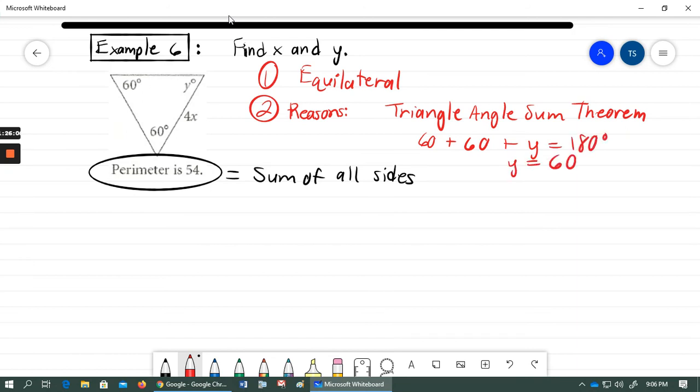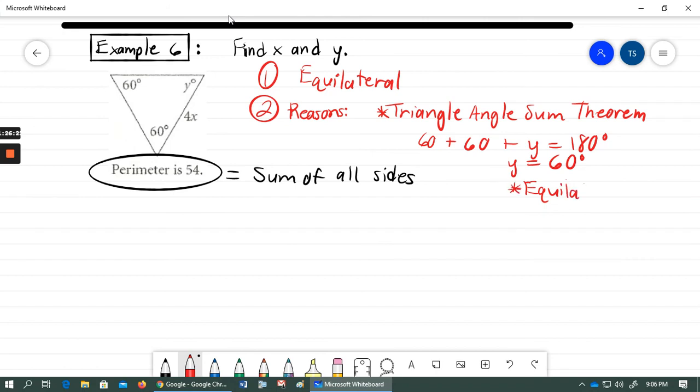Right, so that means the y is 60. If all three angles are equal, an equiangular triangle is equilateral, right? So that's where that came from.